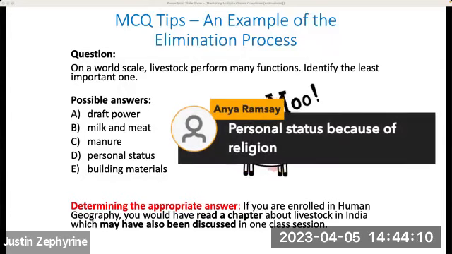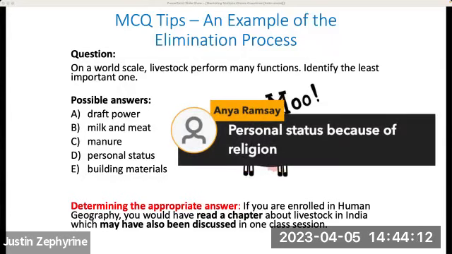Okay. Anya, personal status because of religion. Oh, okay. I like that. I like where you're going with that. Anya, I like that twist. I didn't think of that. Because the personal status doesn't have anything to do with what the question asks. They say on a world scale, livestock perform many functions.